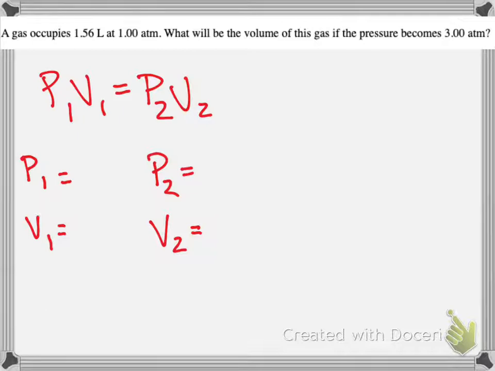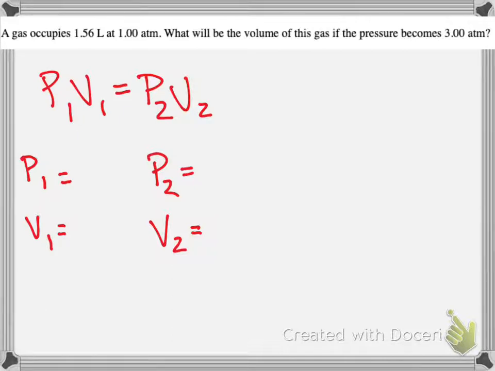So let's tackle this first sentence first. A gas occupies 1.56 liters. Now, if you've ever gotten a carton of milk or a bottle of soda or anything like that at the supermarket, then you know that one of the things that is used to measure volume, the amount of space something takes up, is liters.